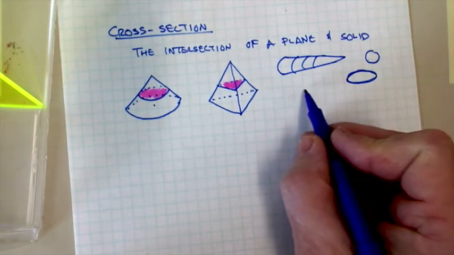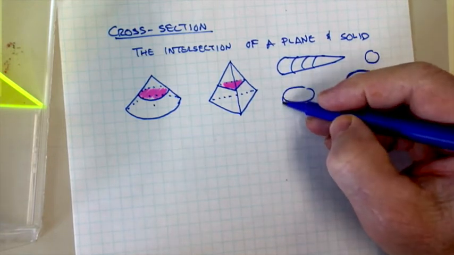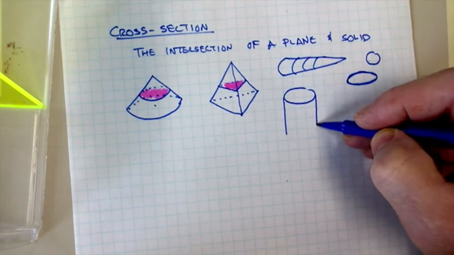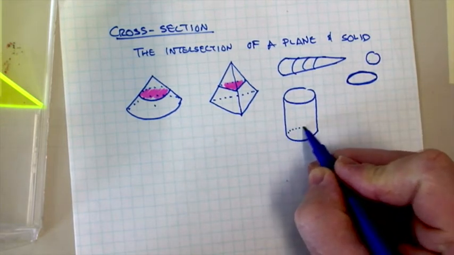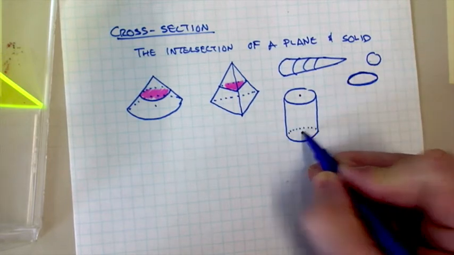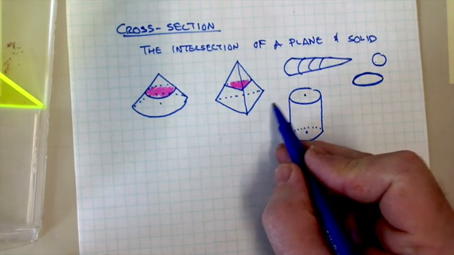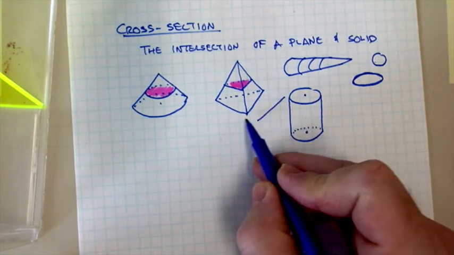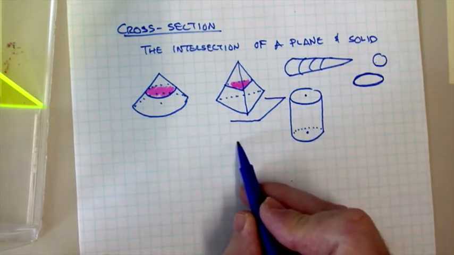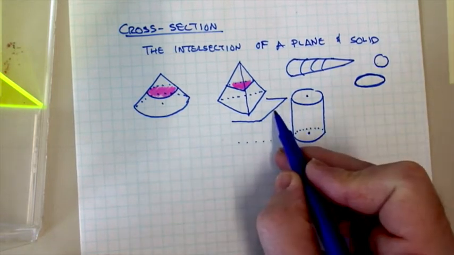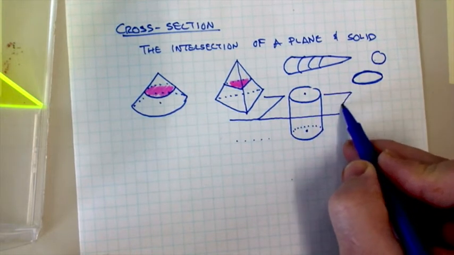So let's take a look at a cylinder, and let's see what would happen if I did a cross section of this cylinder. Okay. I'm going to look at two main shapes that I could get out of this. If I decided to cut it this way, so here's my knife, and it's going to be parallel to the base here, and I'm going to slide this nice knife right on through in this direction.